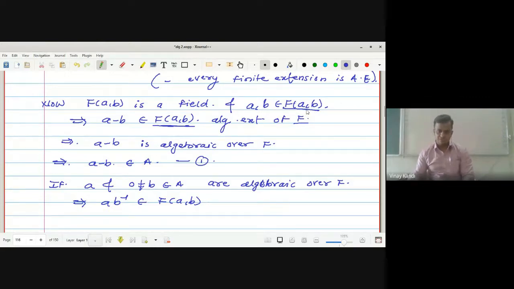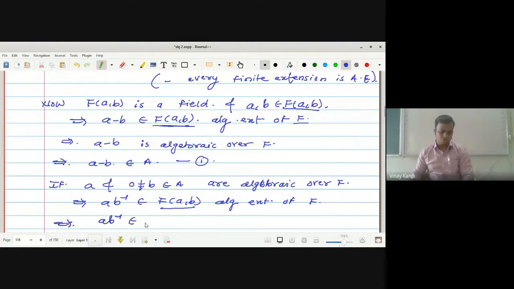It means that a b inverse also belongs to F(a,b). But F(a,b) is an algebraic extension of F. This implies a b inverse belongs to A.